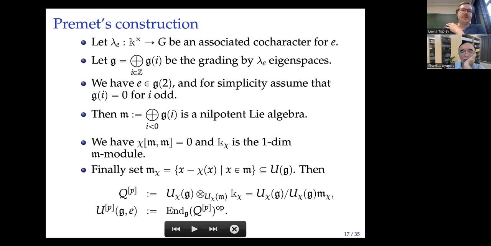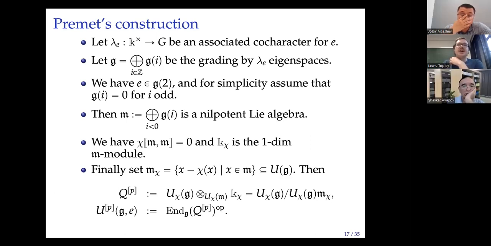So if you look at representations of K star on a finite dimensional vector space, they're diagonalizable. So an element t can be put in diagonal form, and on a given eigenspace, t is going to act by t to the i for some integer i. So this integer grading comes from the eigenspaces of your associated co-character, and you should think of it as being the same grading as what you see in characteristic 0.